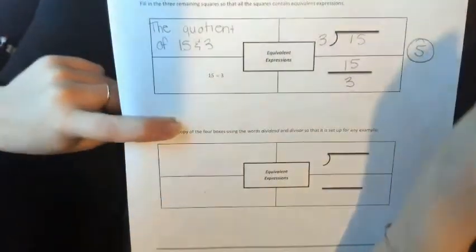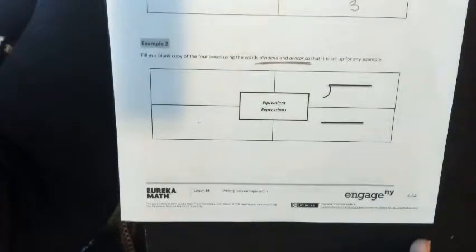Okay, solve that. Easy, right? 5. All right. Cool. Fill in the blank copy of the 4 boxes using the words dividend and divisor so that it's set up for any example. So this is almost like a variable situation where you're going to put in dividend and divisor.